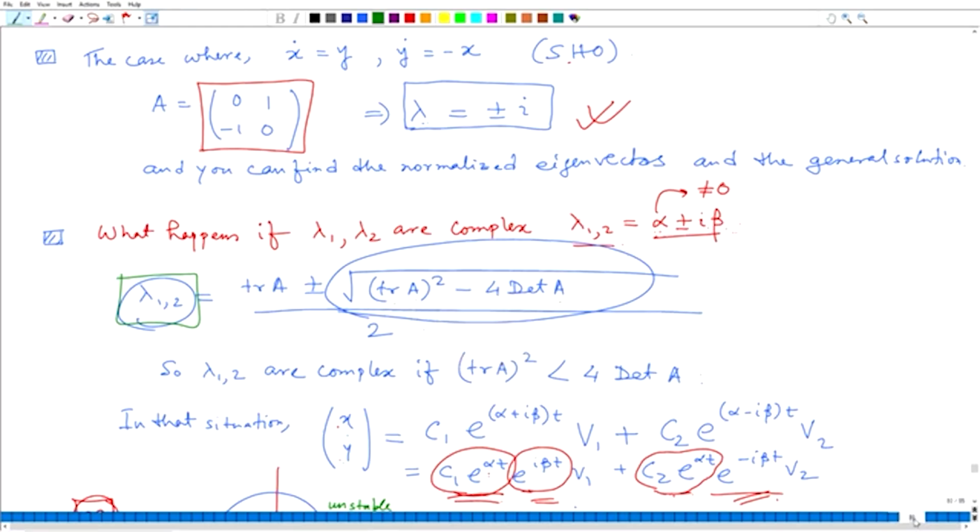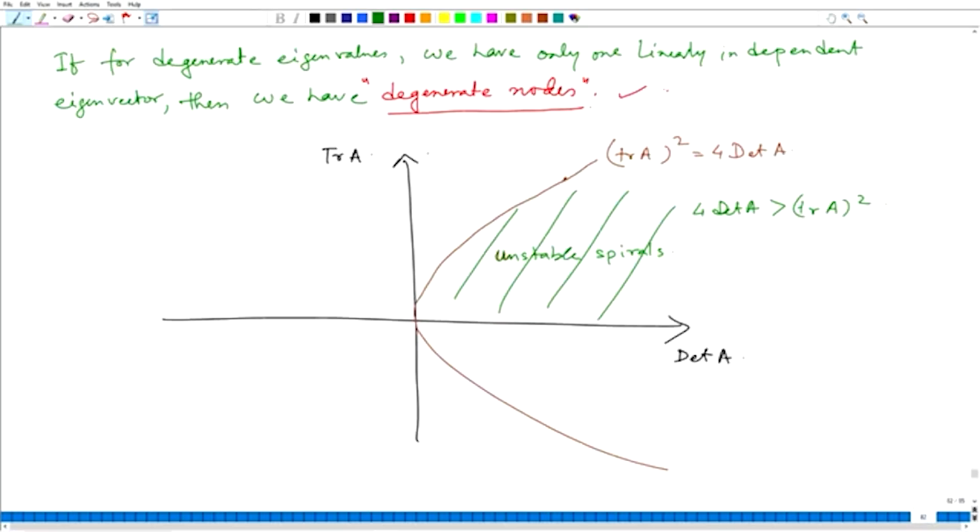And that is why you will have in this part the unstable spirals, and in this part the stable spirals, because for unstable spiral the trace A is positive, that is the alpha part in alpha plus minus beta, if you remember, and for stable spiral it is negative.